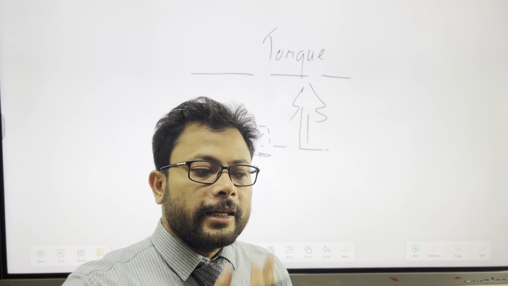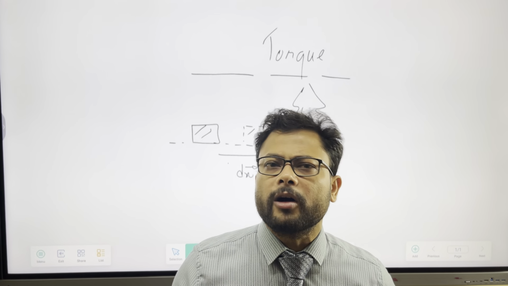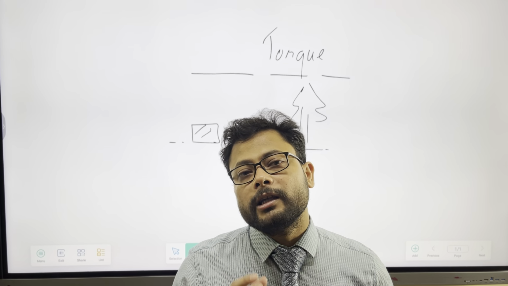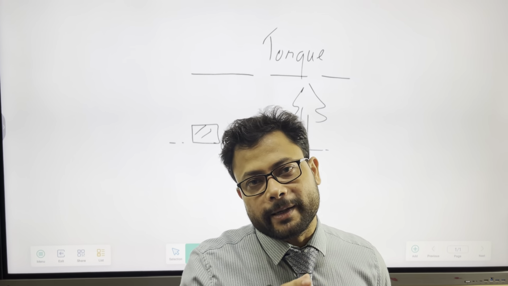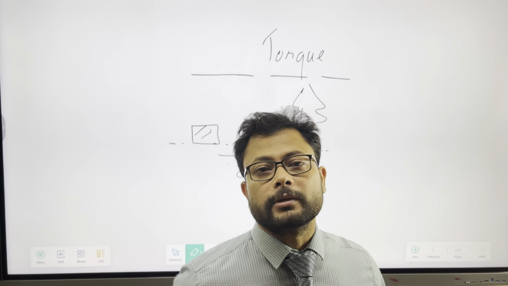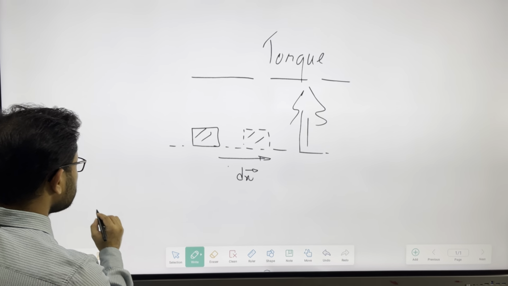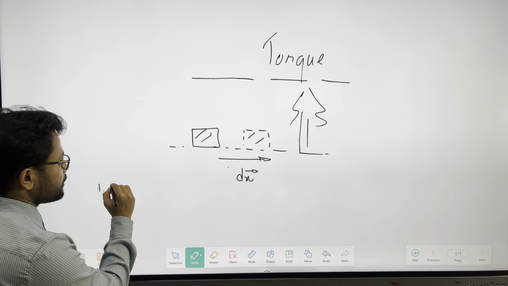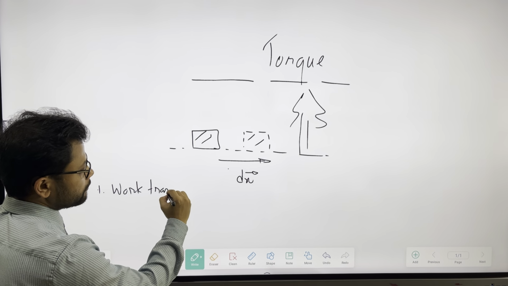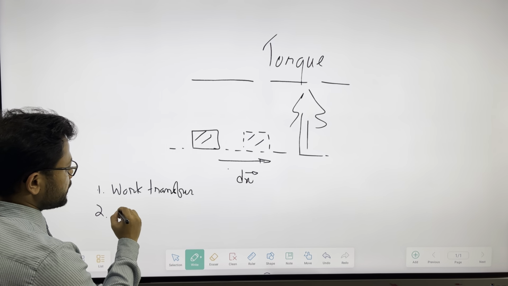Now, in thermodynamics, most probably you are aware of this, or even if you are not, I'm telling you right now that if you have to supply energy to a system or an object, you can do it in only two different ways. Number one is work transfer, and number two is heat transfer.